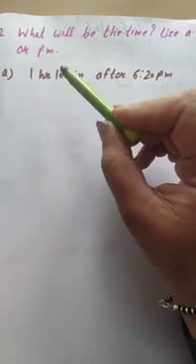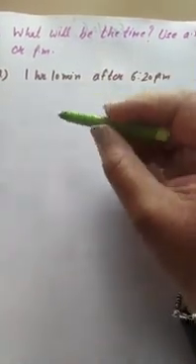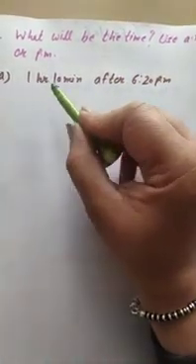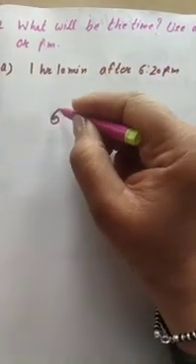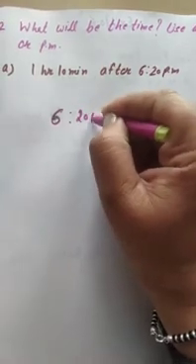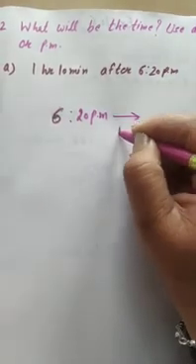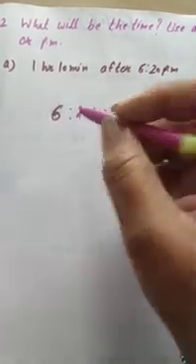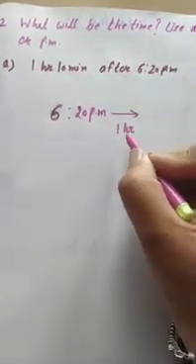Now in the second question, what will be the time? Use AM or PM. Now we have to find the time after a given time. Like here they ask 1 hour 10 minutes after 6:20 pm. So we will count like this. 6:20 pm is given. After 1 hour, because we have to find after 1 hour 10 minutes. So first of all we will take after 1 hour.